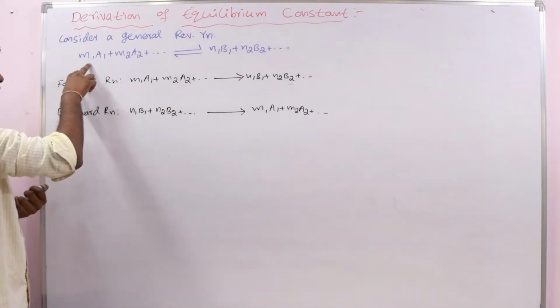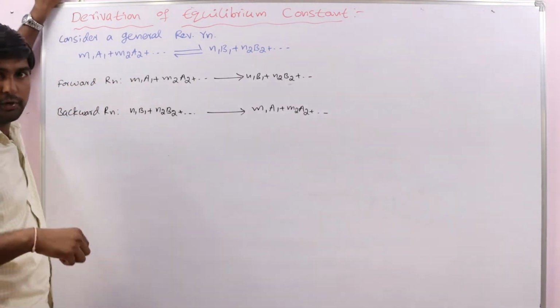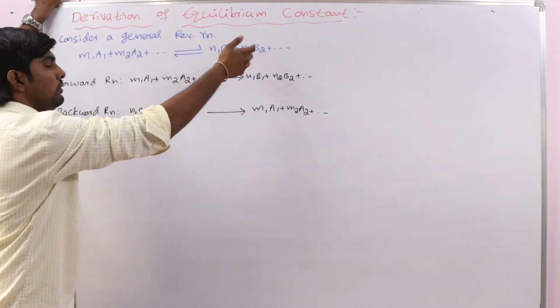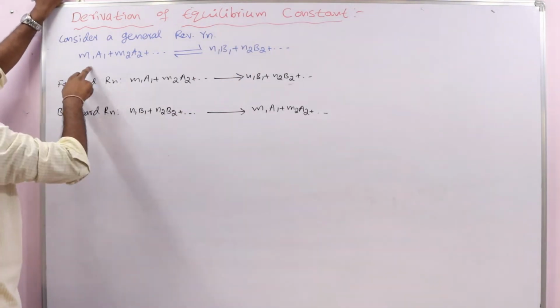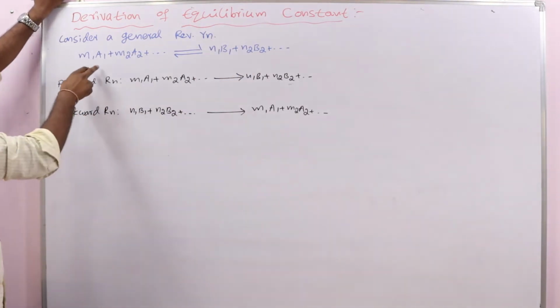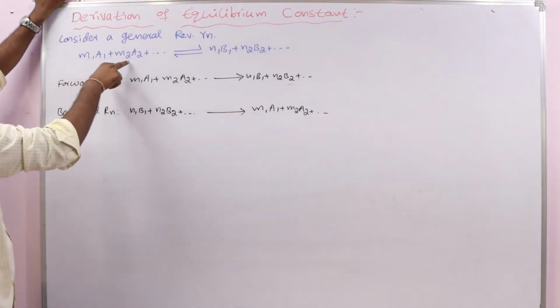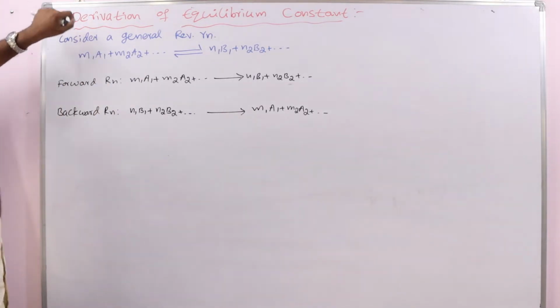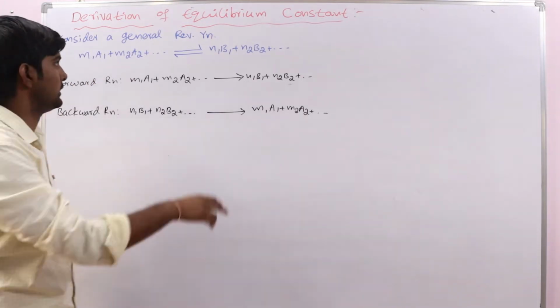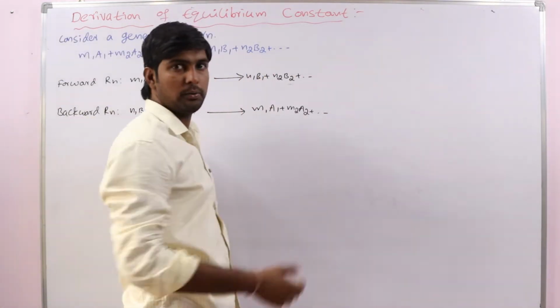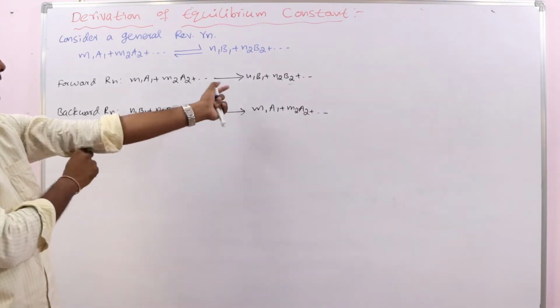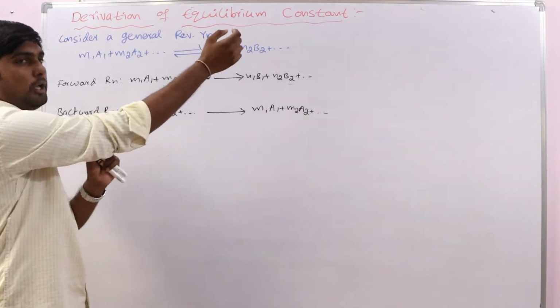A1, A2 are the different types of reactants, B1, B2 are the different types of products. m1, m2 represent how many moles of A1 and A2 are present, that is, the stoichiometric coefficients. Similarly n1, n2 are the stoichiometric coefficients of the products.